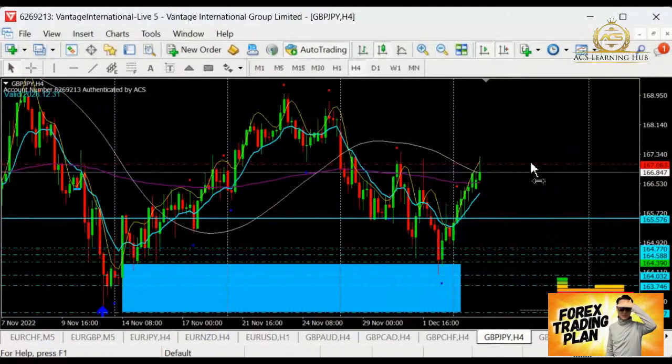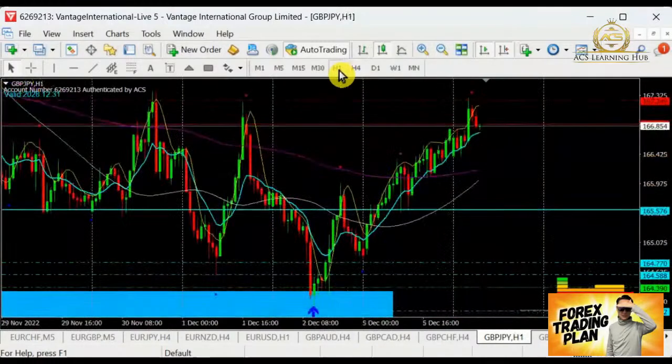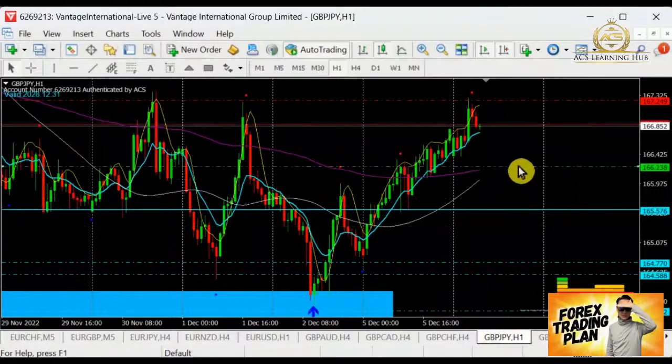The resistance here has been tested once, and over here it has been tested again. So it looks like it's going to look out for another support before it starts to go for a buy. In this case, we may be looking out for some selling, but the support is actually pretty near.